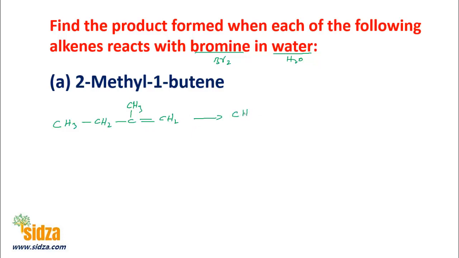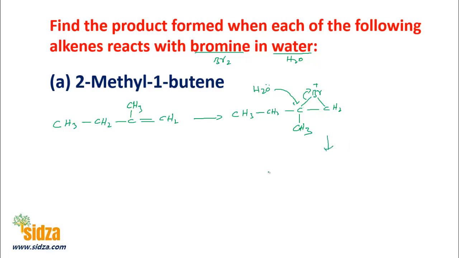So what you get is CH3, CH2, C, and a single bond CH2 and a bromonium. It forms a cyclic intermediate. We have a methyl group also over here. Then a water molecule, H2O, attacks this particular carbon, and the carbon-bromine bond breaks and shifts towards the bromine.